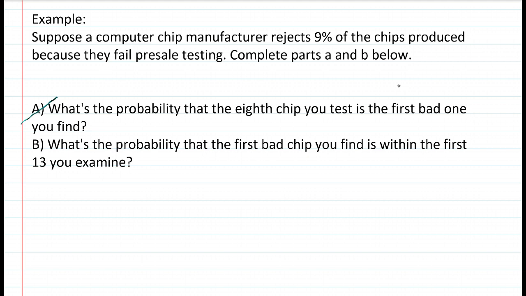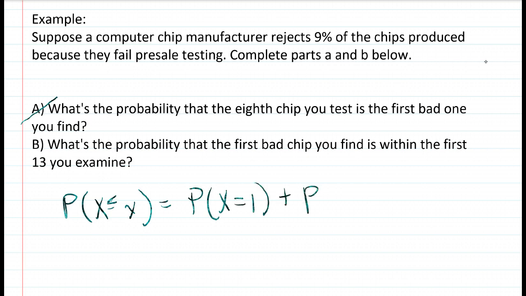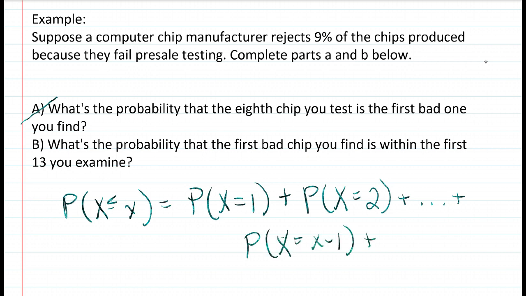So the formula that characterizes this is: P(x less than or equal to 13) equals P(x=1) plus P(x=2) plus dot dot dot plus P(x=13).